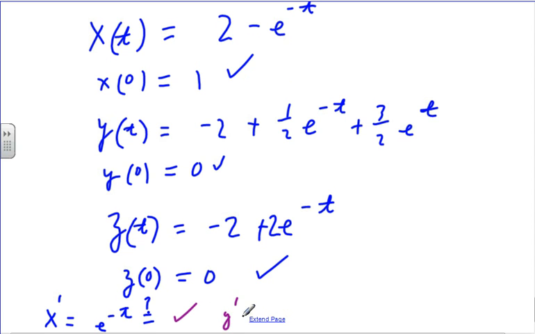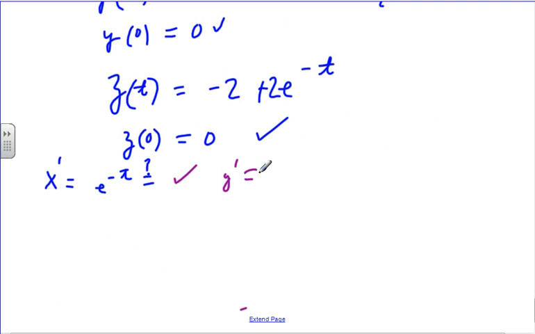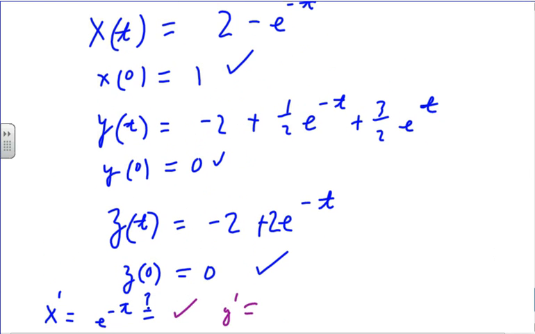Y prime is equal to minus 1/2 e to the minus t plus 3/2 e to the t. Okay, that's supposed to equal x plus y. X plus y, check. That checks too.